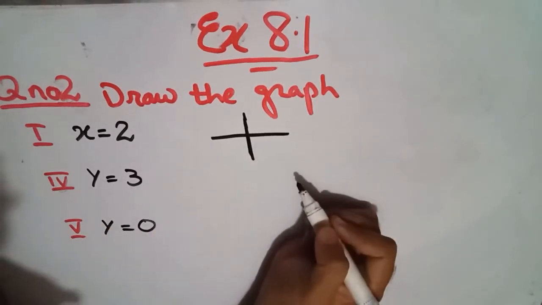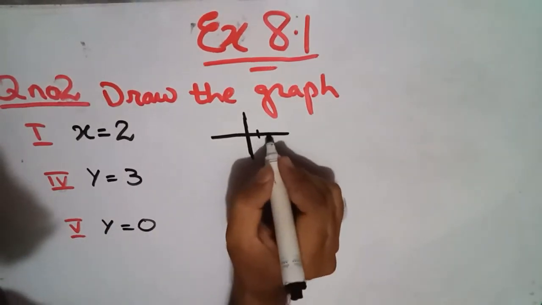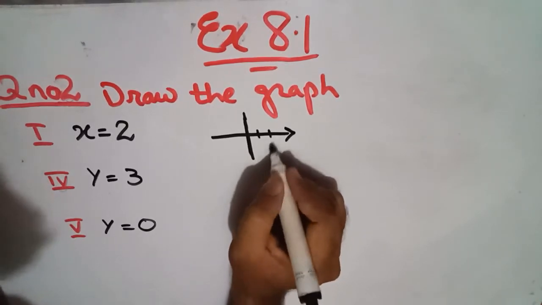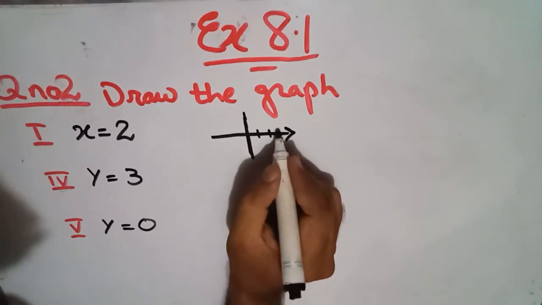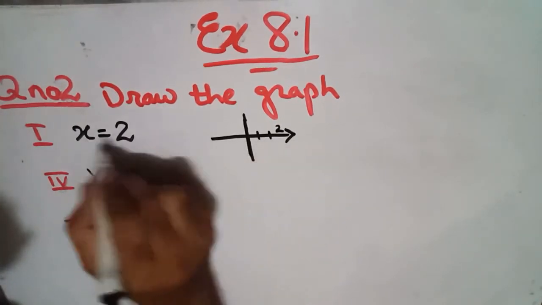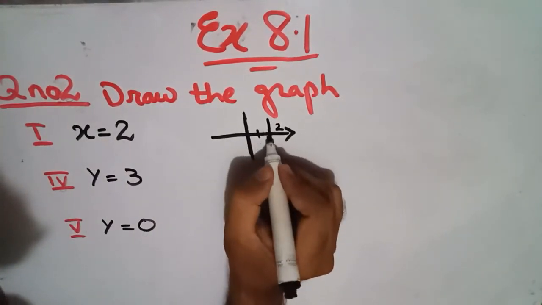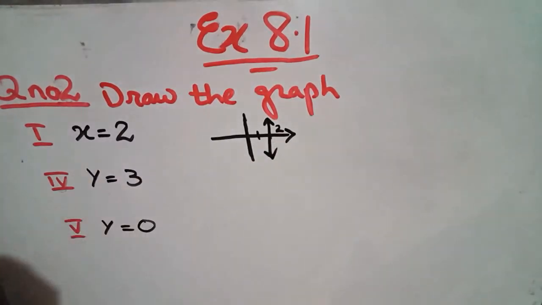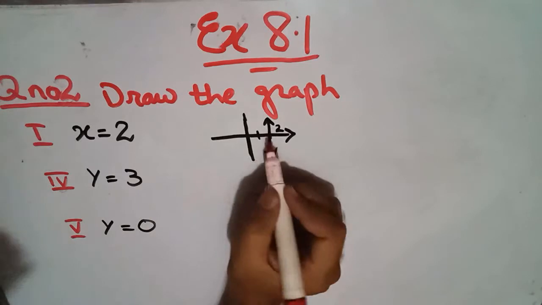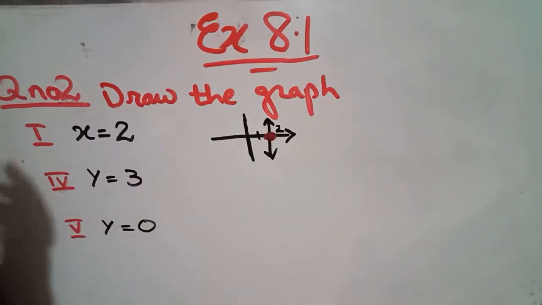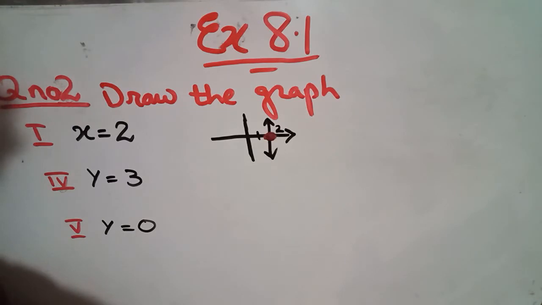X is equal to 2, which means there you have 1 and 2. Only the x value, the value of the x is 2. Okay, so simply you can represent it by just mentioning it or just drawing a line on 2, like you can say here this point. So this point is the graph at x is equal to 2.